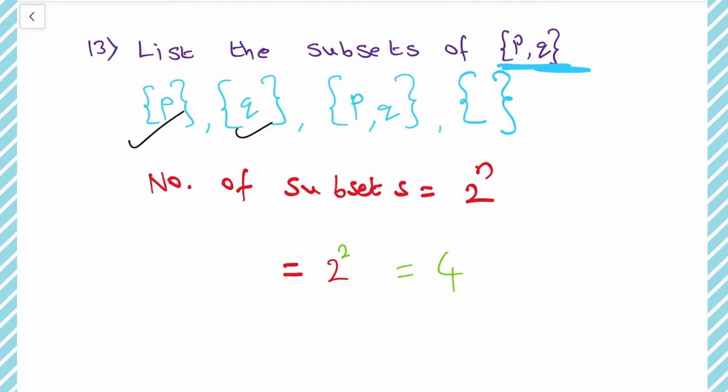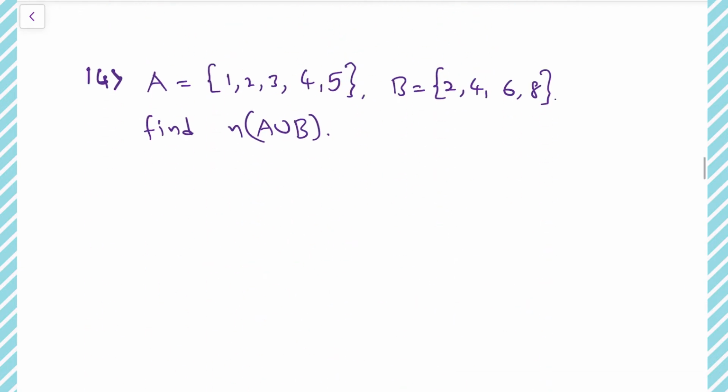Yes, of course, 1, 2, 3, 4. This formula we can use to verify whether all subsets are covered or not. Because sometimes instead of giving only 2 elements, they will give 4 elements. So 4 elements means 2 power 4 is 16. Then 16 subsets should be there. So to cross check, we will use that.